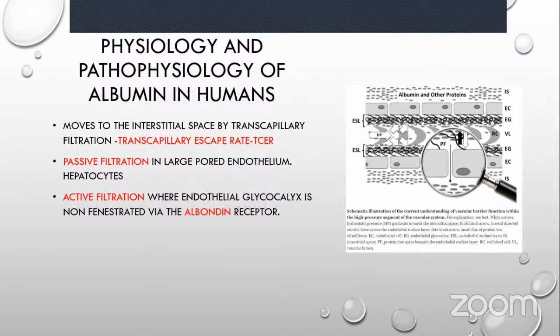However, in other places, because of the endothelial glycocalyx, we can also have active filtration via what we call the albumin-binding receptor. So the endothelial glycocalyx is not only physical, but it also has active transportation. That's what I can say. And on the side there, we're trying to show the forces which have elaborately been explained. Okay.